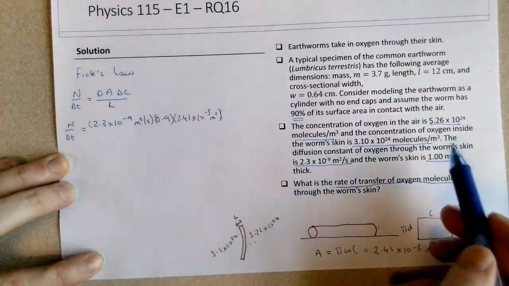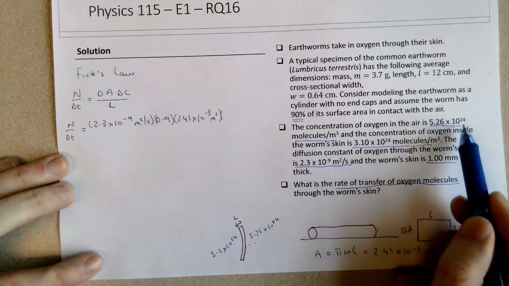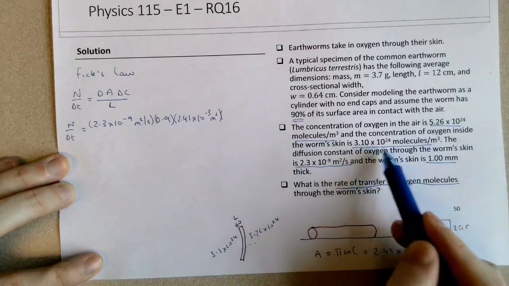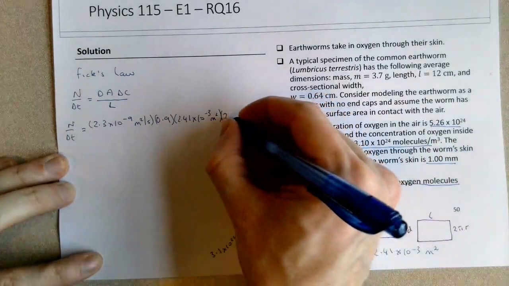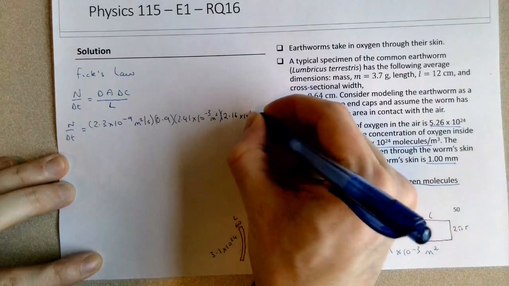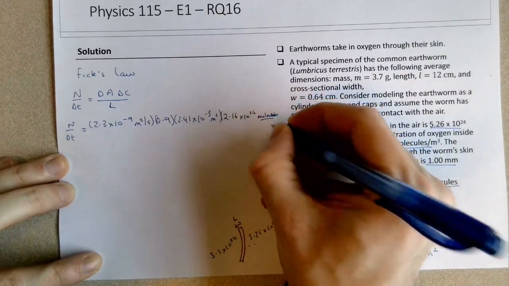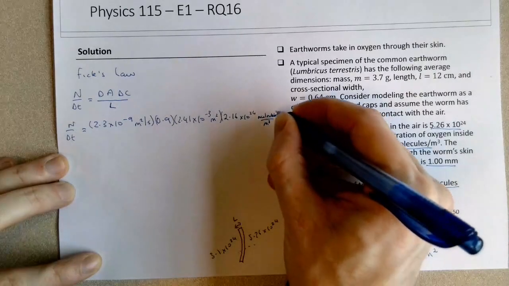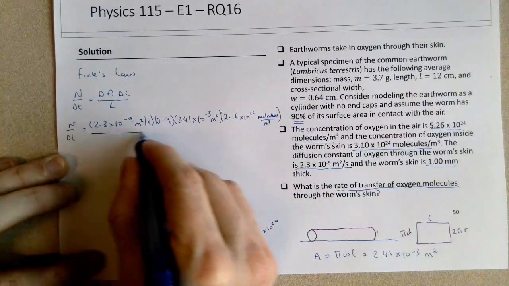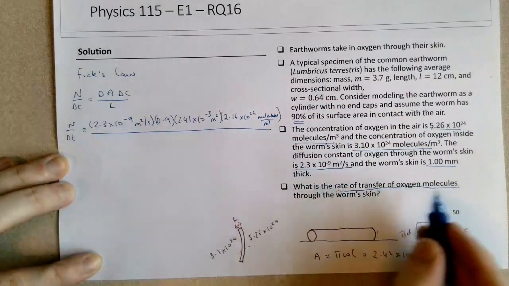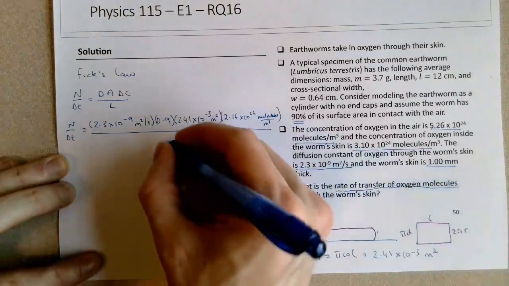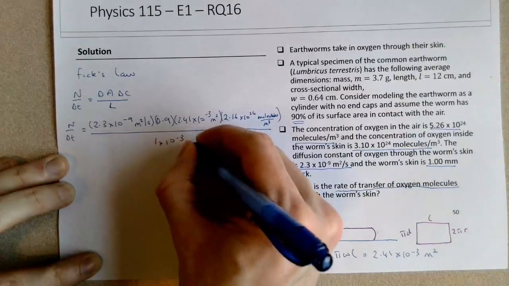The change in concentration, 5.26 by 10 to the 24 minus 3.1 by 10 to the 24, is 2.16 by 10 to the 24 molecules per cubic meter. We're running out of room here. And then divide it by the thickness through which they have to diffuse, which is 1 by 10 to the minus 3 meters.